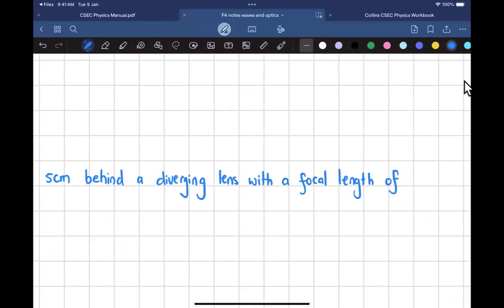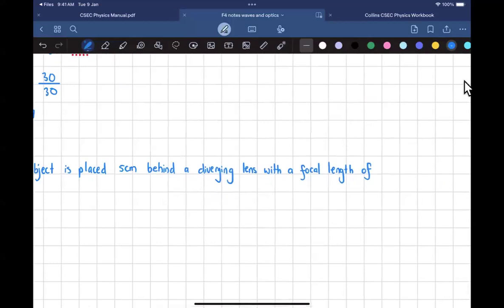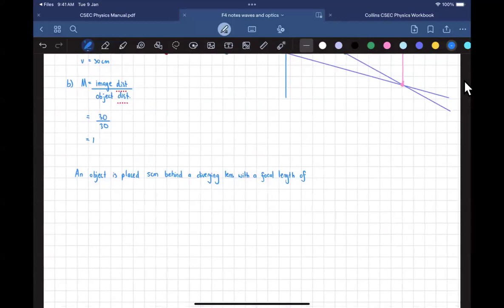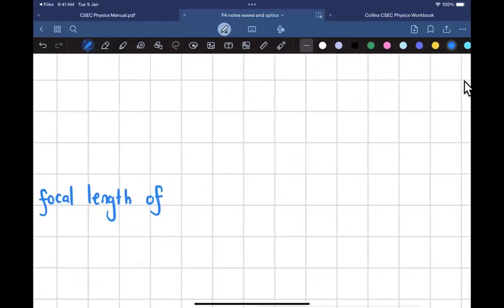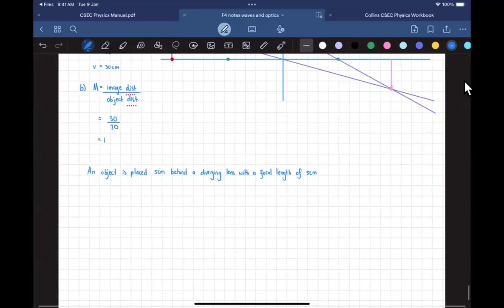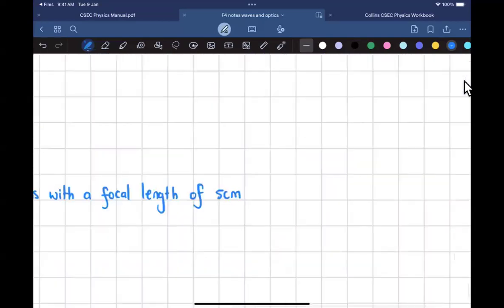Justin, give me a focal length. Shoot. 5 centimeters. I mean, technically, you can do that. Yeah, we can do that. Yes, we will see what will happen. Of 5 centimeters, okay. So an object is placed 5 centimeters behind a divergent lens with a focal length of 5 centimeters.